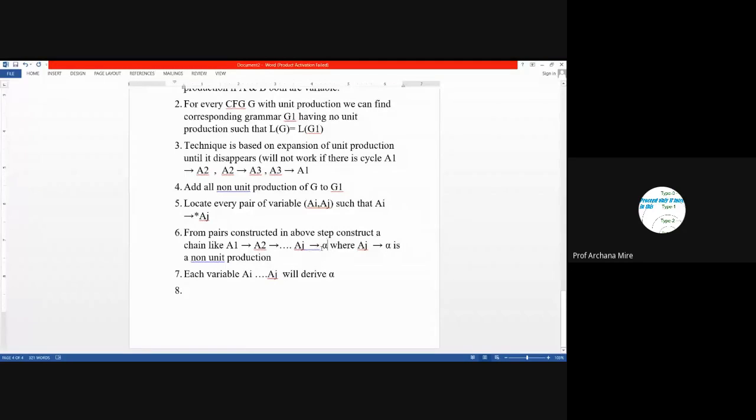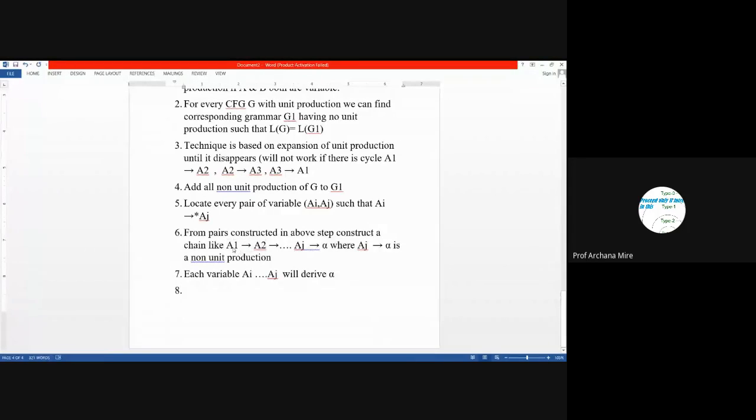So actually what we are doing is identifying a sequence of application of production rules, so that if there exists a chain like A1 leading to A2 leading to AJ leading to alpha, each of the production rules will get replaced with a new set of production rules.